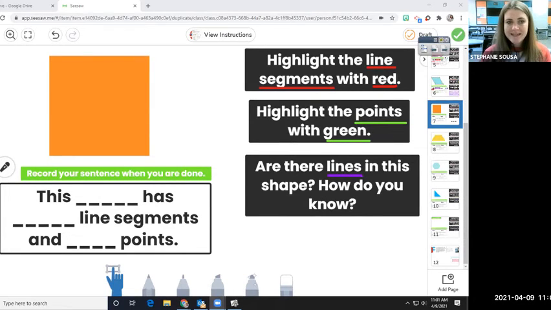You are going to identify line segments in red, points in green, and lines, there aren't any, in purple. Okay? You're going to record and type your sentence right here. The name of the shape, how many line segments, how many points. Okay? All right. I'm getting ready to send you into breakout rooms to complete this.